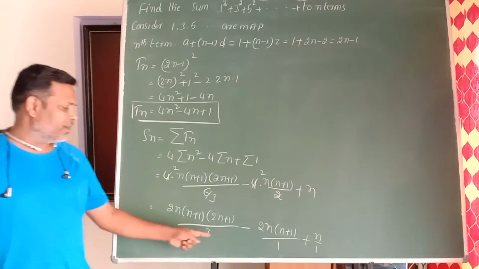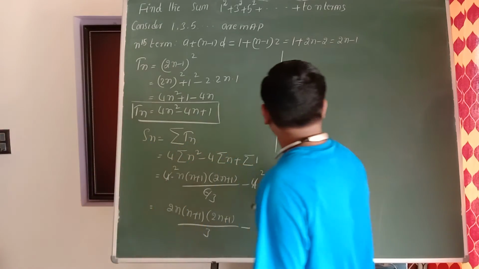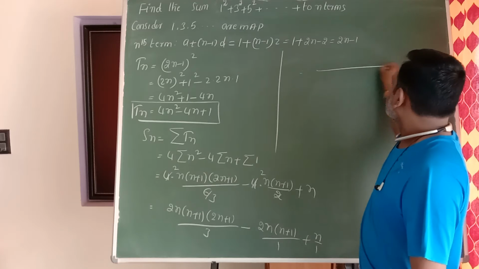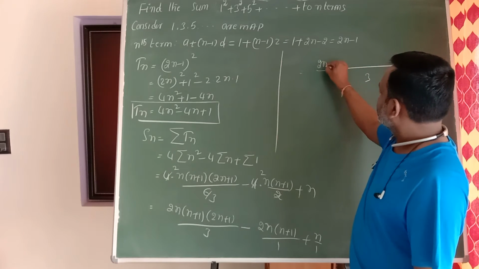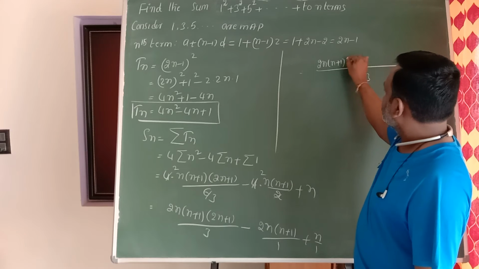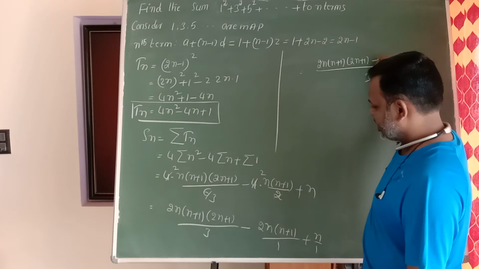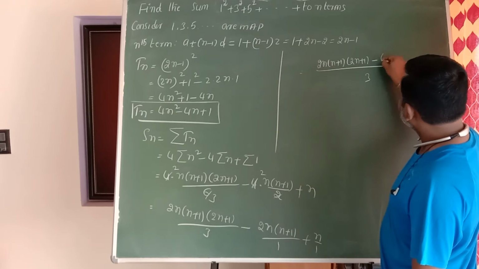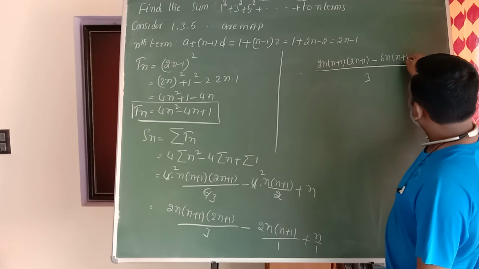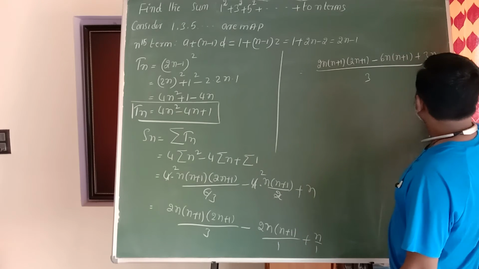For 3, 1, 1 the LCM is 3. Now take 3 as the LCM. The numerator is 2n into n plus 1 into 2n plus 1, minus, cross multiplying, 2 3s are 6n into n plus 1, plus 3n.